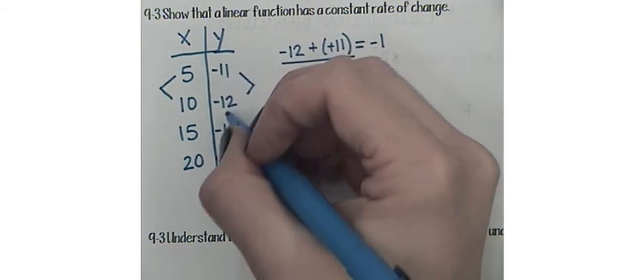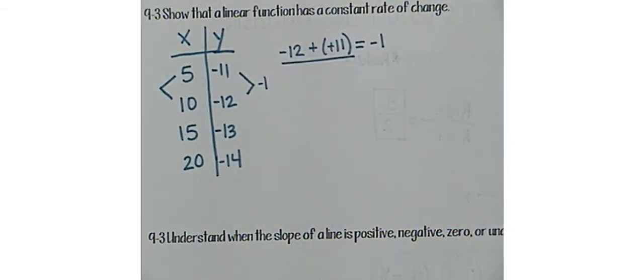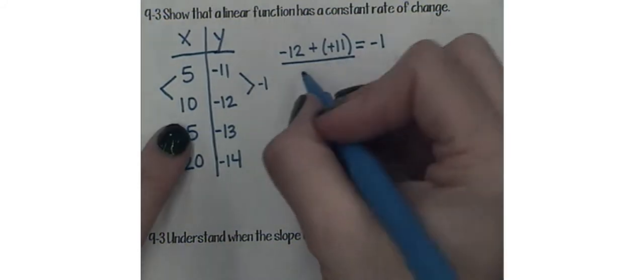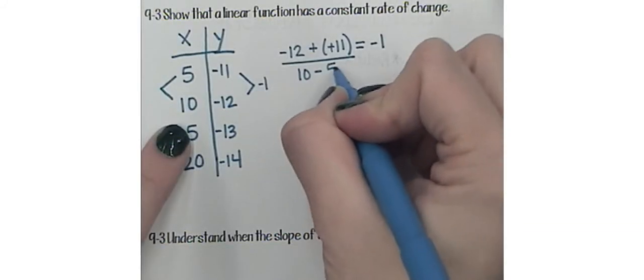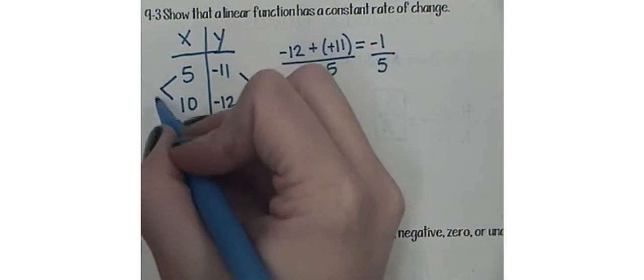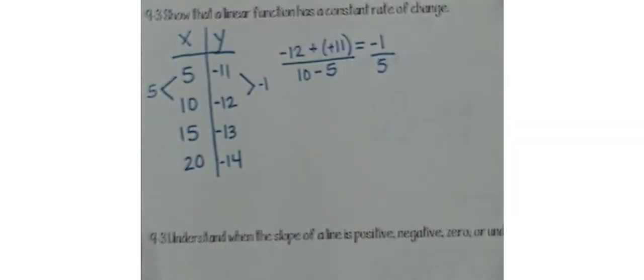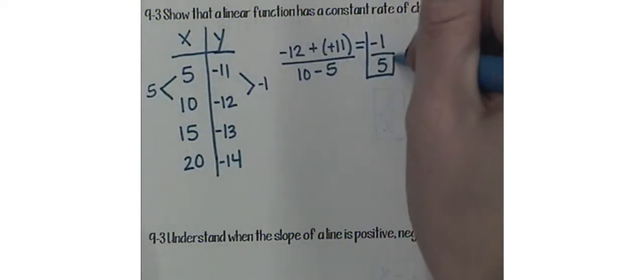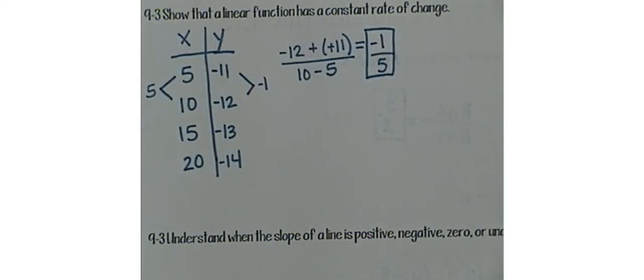So from here to here, I went down 1, okay? And then 10 minus 5 is 5. So from here to here, we went up 5. This doesn't reduce or simplify, so this is my answer. That's my slope or my rate of change.